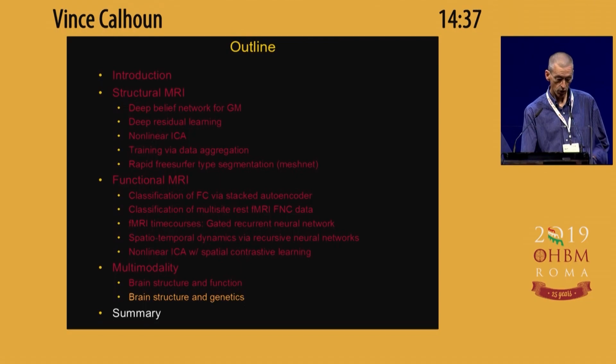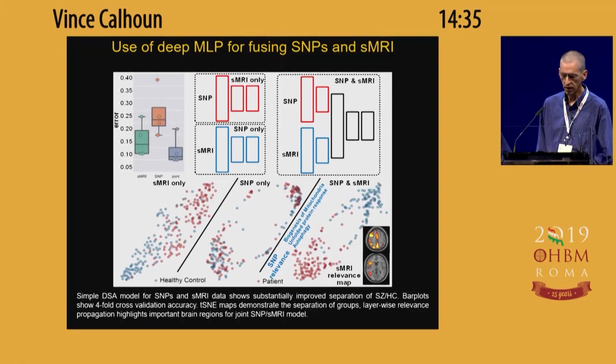And if you also go to looking at genetic data, which is even more complicated, but presumably more nonlinear as well, we just use a simple stacked neural network where we have unimodal sections for single nucleotide polymorphism array data and structural MRI gray matter segmentation data, and then a multimodal layer that combines the two, and we look at predictive performance.